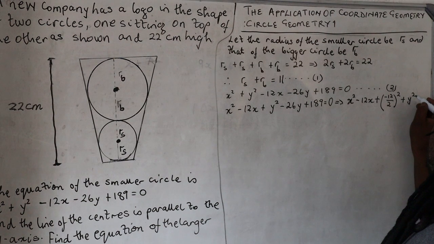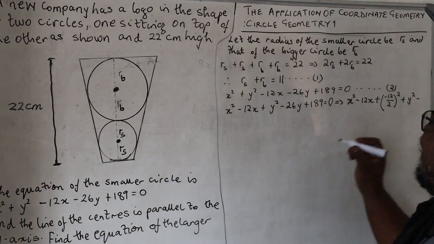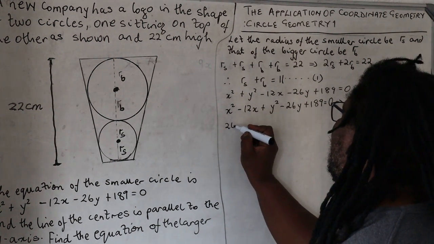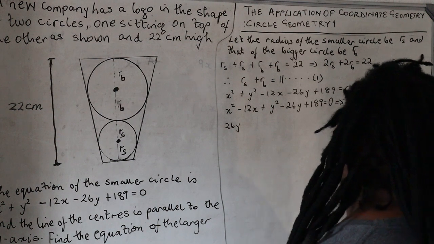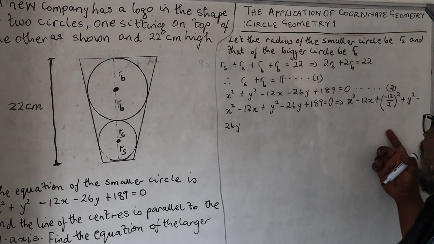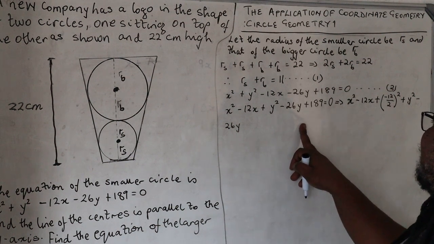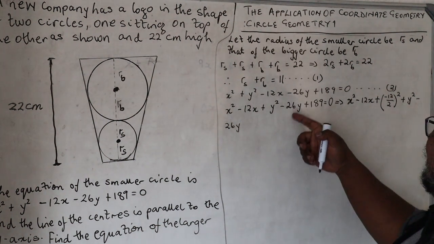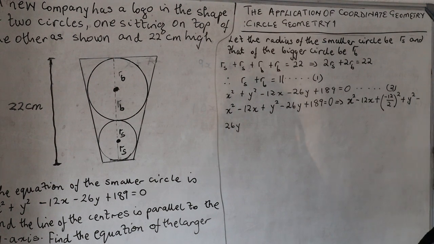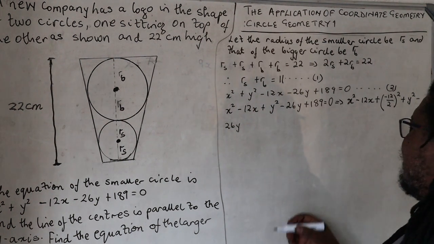Plus y squared minus 26y, and we also complete the square for the y squared minus 26y by dividing the coefficient of y by 2 and squaring the outcome.